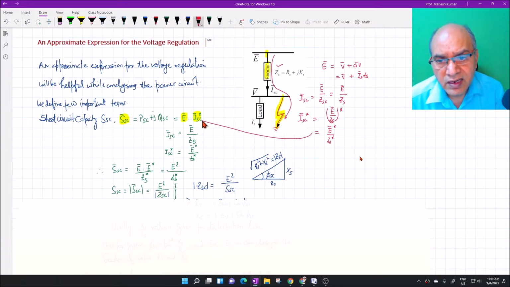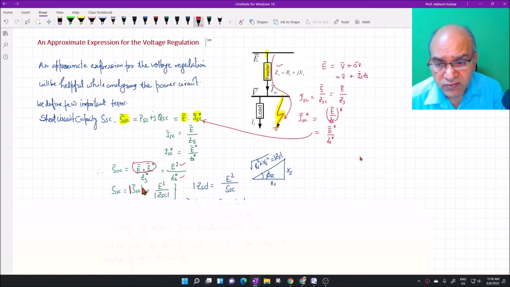Substitute back here in this expression, we will get the short circuit capacity SSC bar as E into ISC conjugate, and ISC conjugate is E conjugate by ZS conjugate. So E into E conjugate becomes E square. So this is E square by ZS conjugate. Clear? And therefore the short circuit KVA rating or short circuit rating of the source bus is nothing but mod of SSC bar.